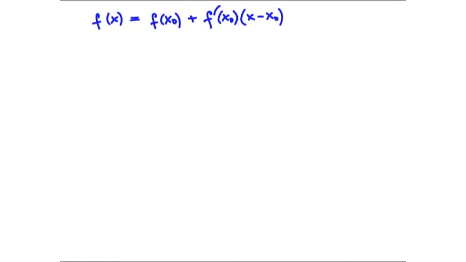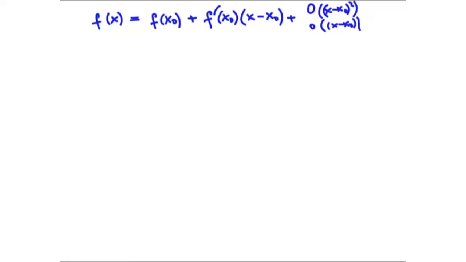And usually we'll write this error term as either big O of (x minus x0) squared, or we'll write it as little o of (x minus x0). Okay? So either way is okay. So depending on the situation, we could use one or the other.